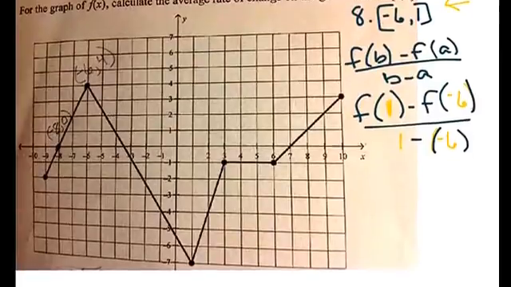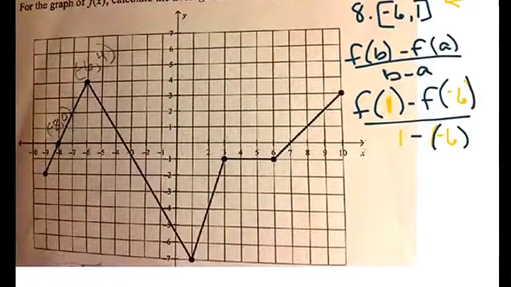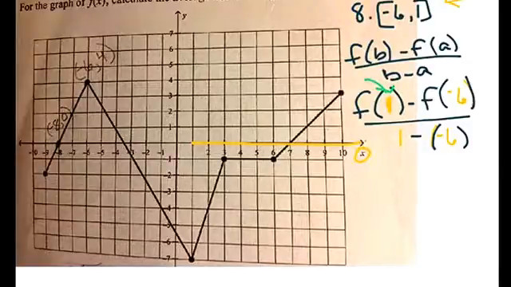Now I need to go find the y value at f of 1. So I'm going to my x-axis because that is an x value. I'm going to come across here until I find x equals +1. That's right here. I am going to go down until I find my graph. I have a point right here. This point is 1, -7.